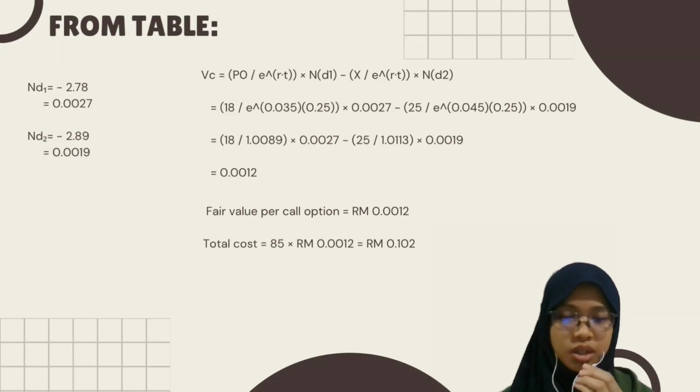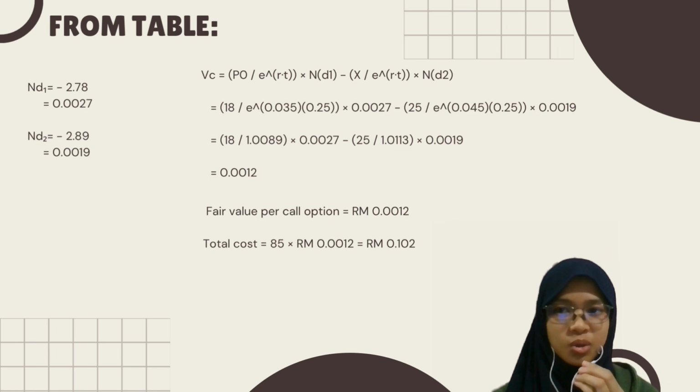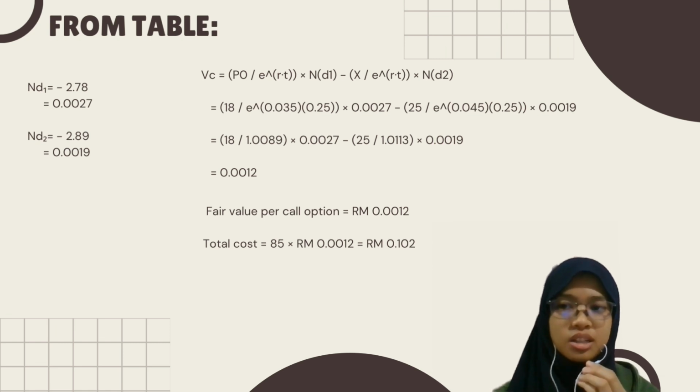Hi, I'm Shohada. Now let's continue with the final steps in the calculation. Using the standard normal distribution table, we get the value of N(D1) is 0.0027, while N(D2) is 0.0019.